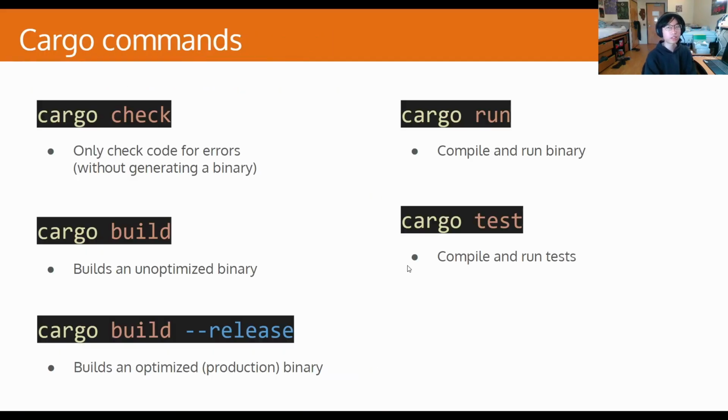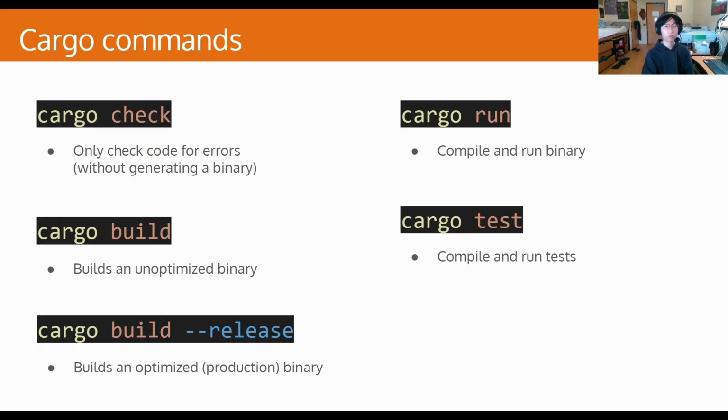So here are some basic cargo commands that you should know. Cargo check is the fastest compilation command. It will only check the code for errors without generating a binary. Cargo build will build an unoptimized binary. So that means the build time will be faster, but the runtime will be slower when you run the binary.